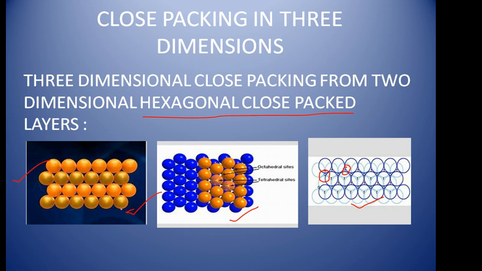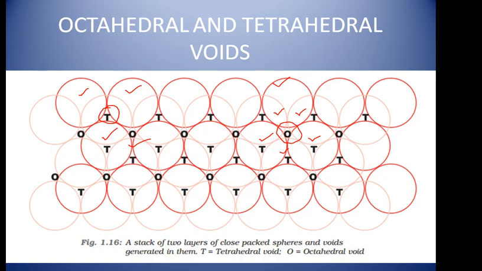Am I clear? The first layer is this hexagonal closed packing. Whenever you stack the second layer, you get two types of voids, octahedral and tetrahedral. Now when you stack the third layer, you have two options. Either you can cover all the octahedral voids or you can cover all the tetrahedral voids. Got it? I am coming to those pictures.